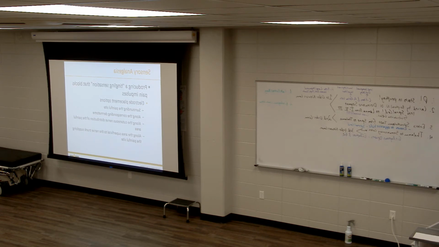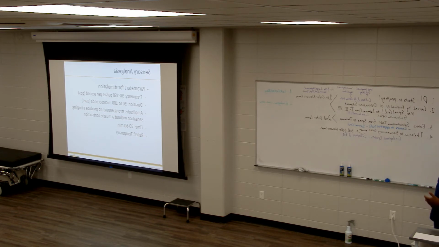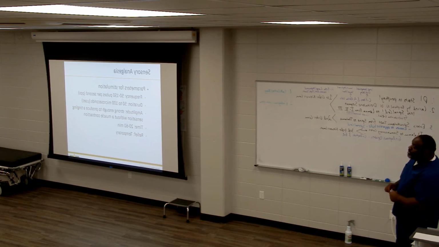When I'm doing sensory analgesia, my protocol is I'm trying to produce strong stimulation of A beta. So I want really high frequency, somewhere between 50 and 150 pulses per second, or hertz, depending on which waveform I use.